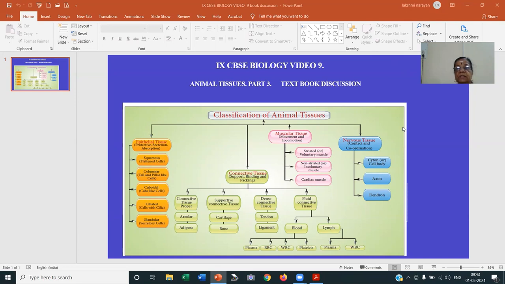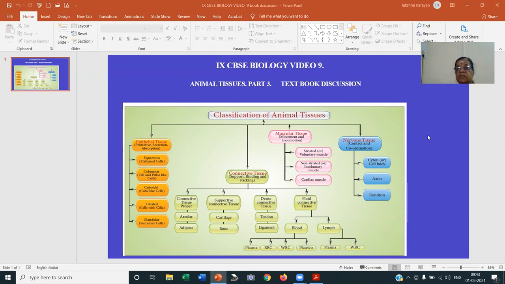Now what you are seeing is again the classification of animal tissues: epithelial tissue, connective tissue, muscular tissue, and nervous tissue. Epithelial tissues are further subdivided into squamous epithelium, columnar epithelium, cuboidal epithelium, ciliated epithelium, and glandular epithelium. In the same way, connective tissue proper, supporting connective tissue, dense connective tissue, and fluid connective tissue.